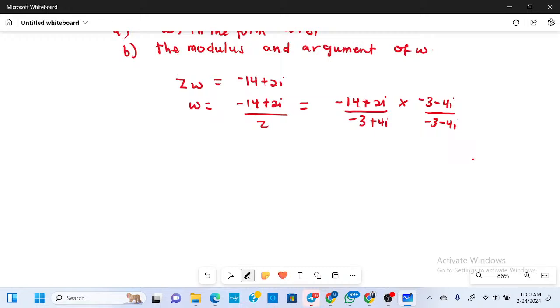So negative 14 by negative 3, we are going to get 42. Then negative 14 by negative 4i. First of all, the negative multiplies the negative, it becomes positive.